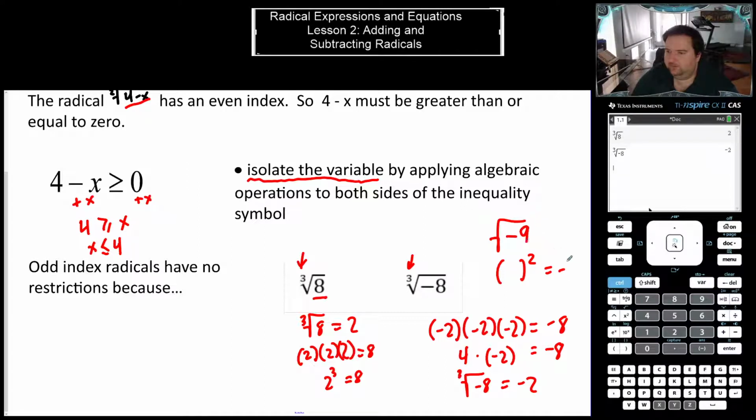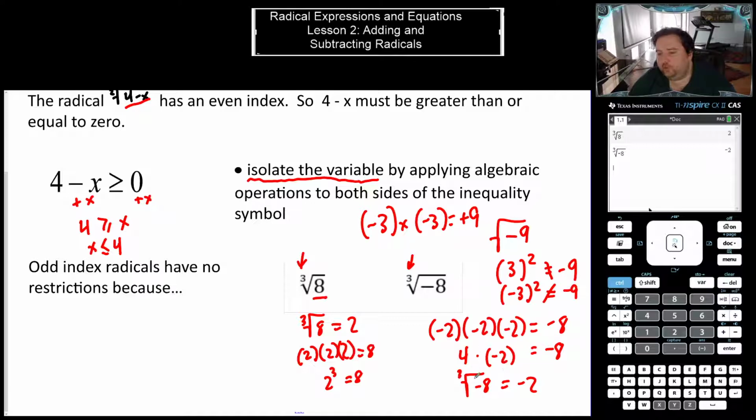Let's do 9. We know that 3 squared is 9. If I put the 3 in there, well, no, that doesn't work. That does not equal negative 9. That equals 9. And if I put the negative 3 in here, this still does not equal negative 9, because negative 3 times negative 3 is still positive 9. There is no way to get that negative.